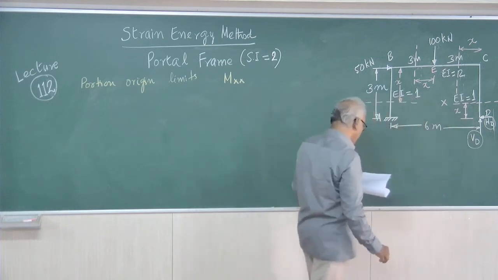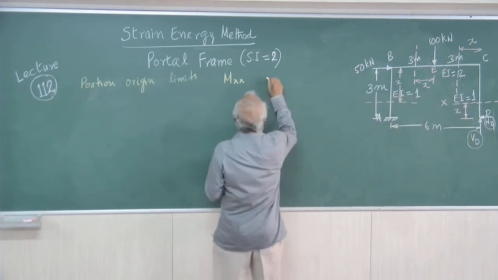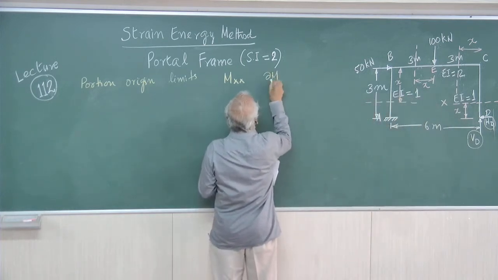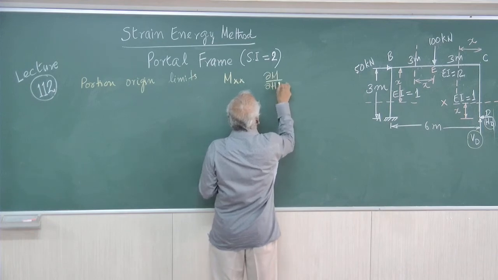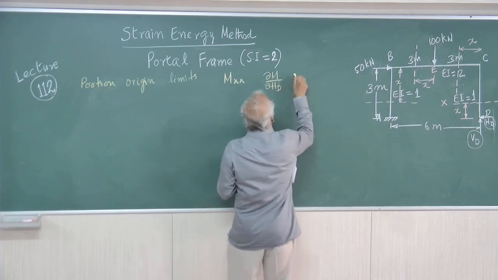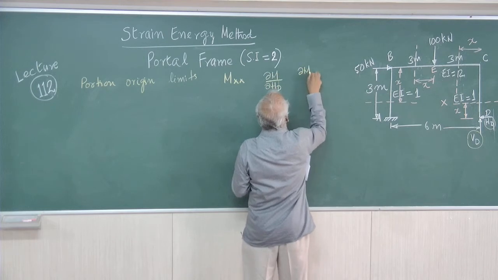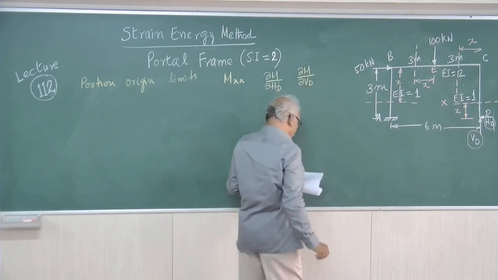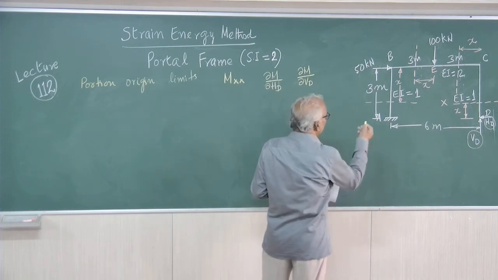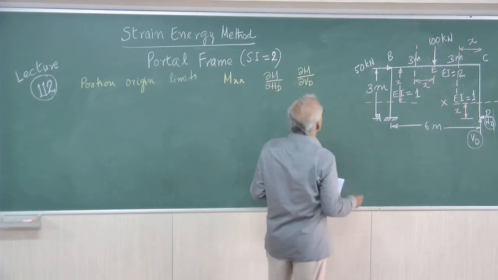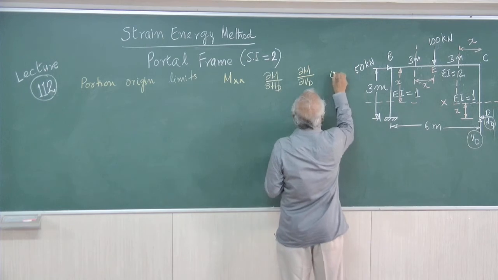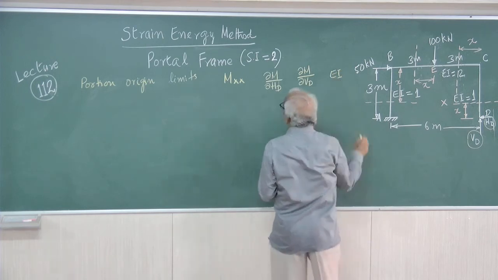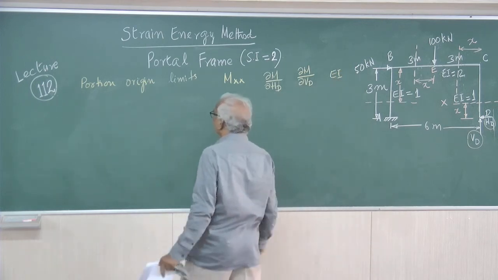So, dou M by dou HD, dou M by dou VD, and here the value of EI changes. Therefore, you have to have a separate column for EI, right.